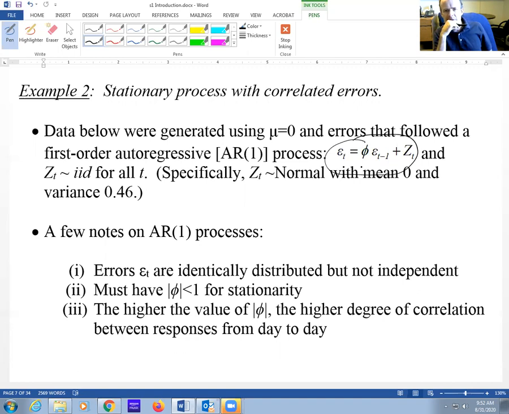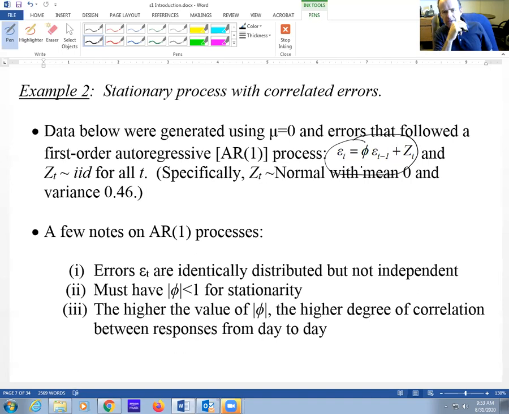But let's say for some process we see phi pretty close to 0. What is that saying about the data? They're independent. Go ahead, Matthew. It means that it doesn't really depend that much on the day before because the day before is weighted so low. Right. So it doesn't depend on the previous day. The responses are pretty uncorrelated from each other, whereas when phi is close to 1, there's a strong dependency on the day-to-day responses.